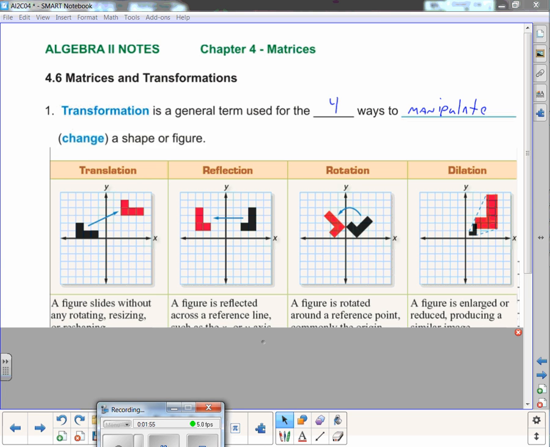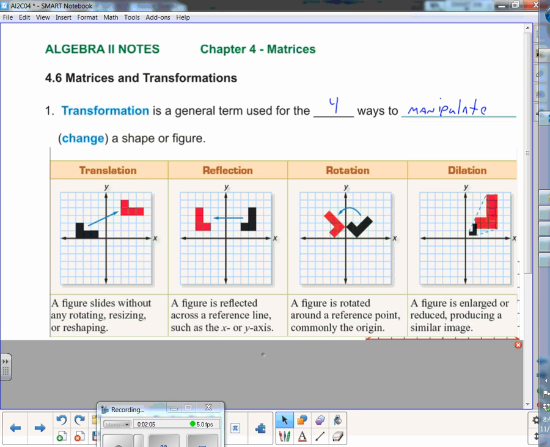We're going to talk about all four as we go, but it'd probably be good to write up there: translation, reflection, rotation, dilation.